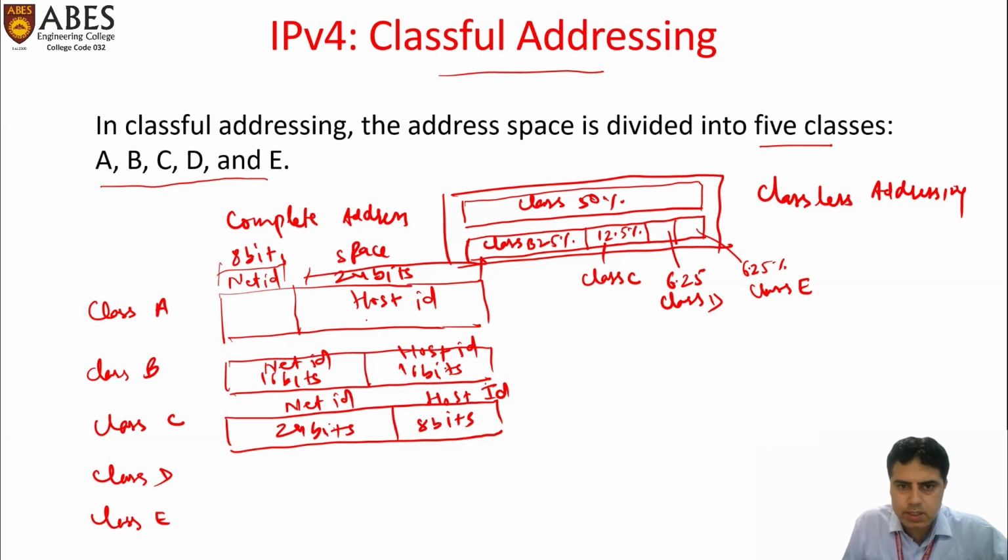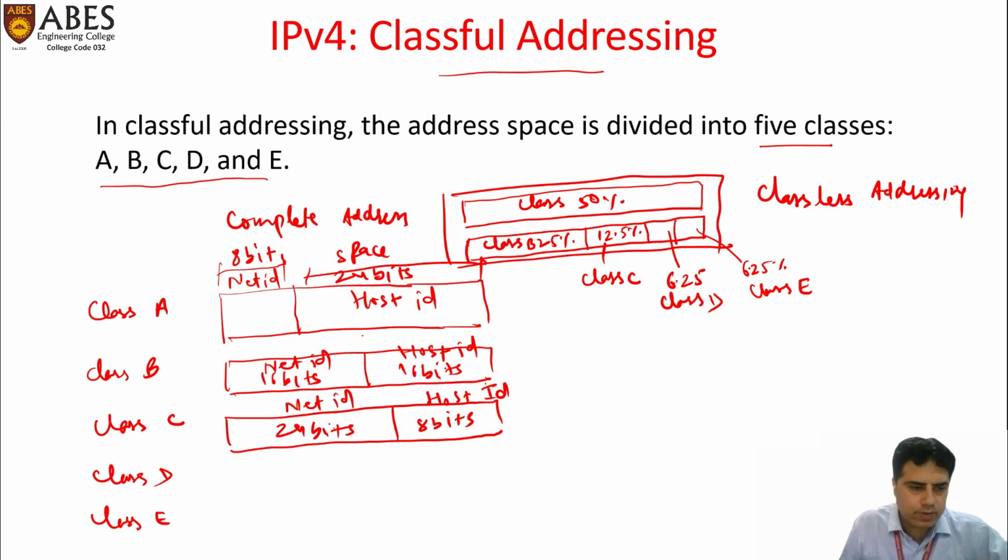In class A, in a single network we can connect 2 raised to the power 24 computers. In class B, there are 2 raised to the power 16 networks, and in a single network we can connect 2 raised to the power 16 hosts. In class C, we can create 2 raised to the power 24 networks, and in a single network we can connect 2 raised to the power 8 computers.